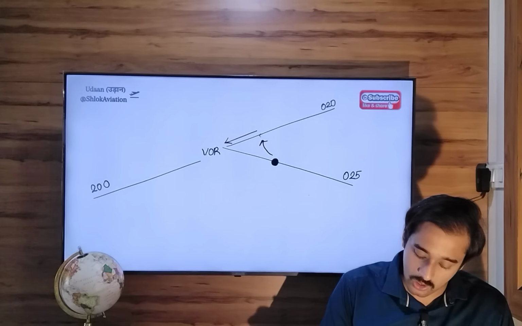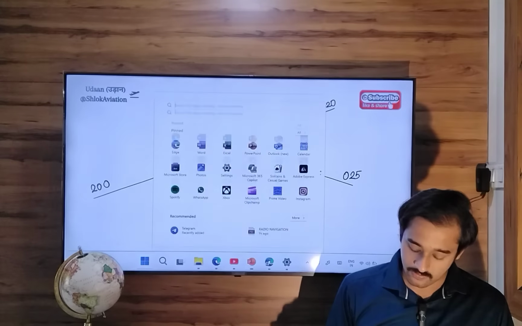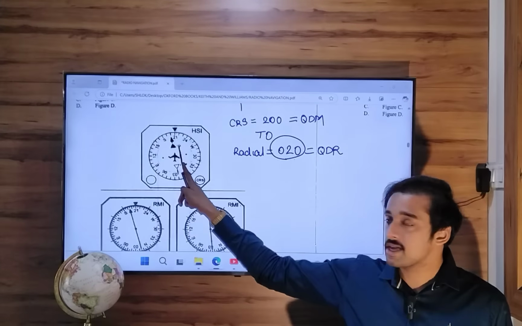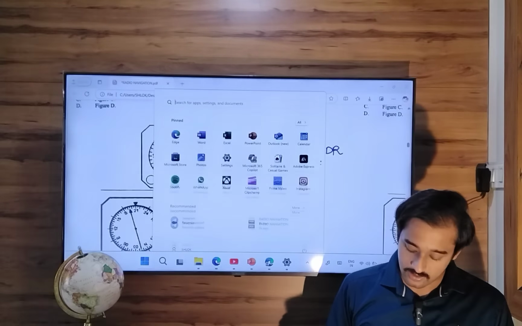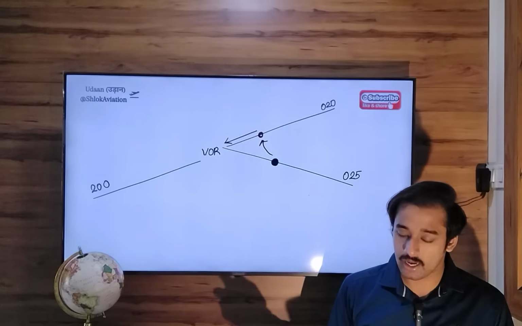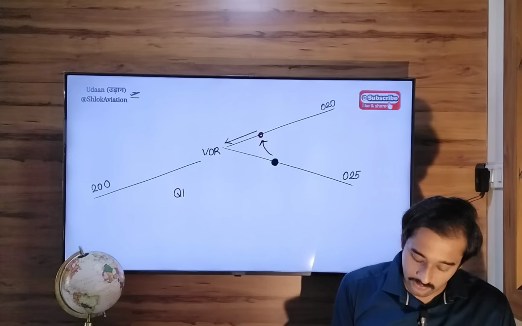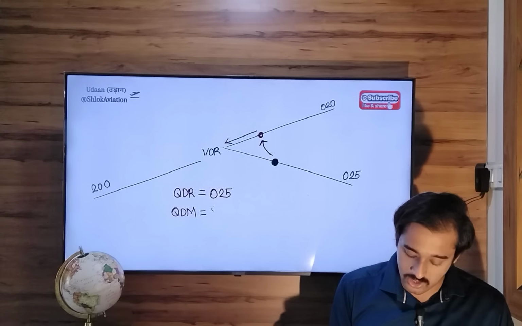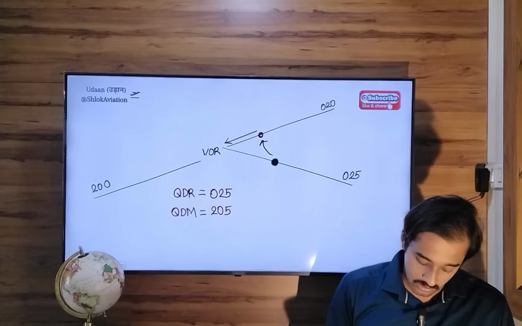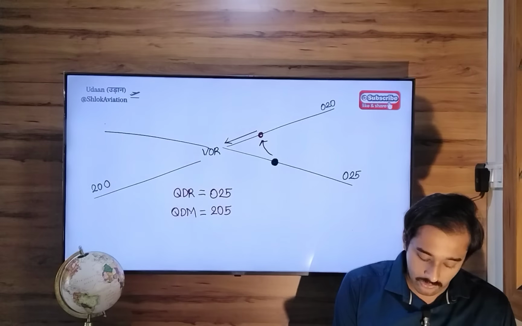Fly right indication of 5 degrees, one dot is 5 degrees. So that means the aircraft is actually situated on radial 025, and therefore the track to the station will be the reciprocal of that, which will be 205.